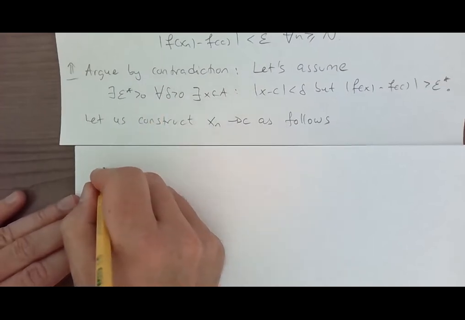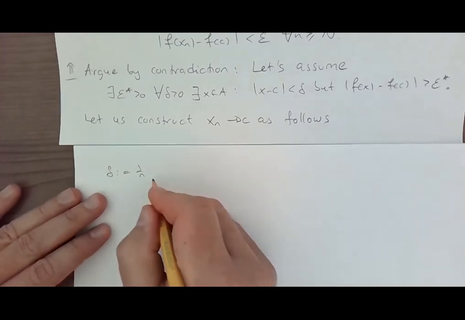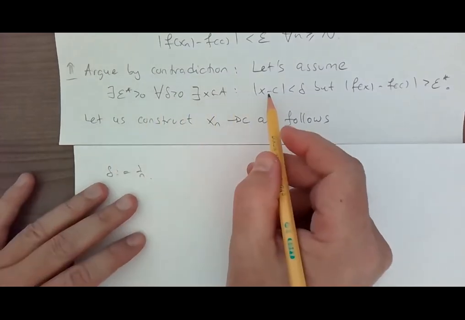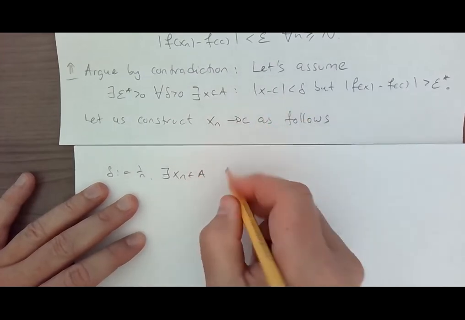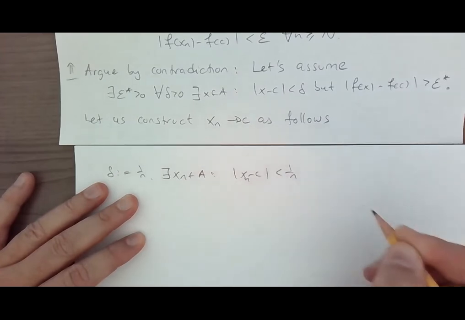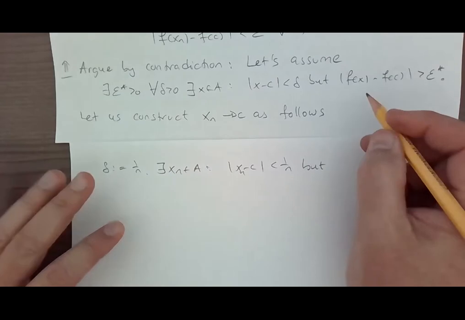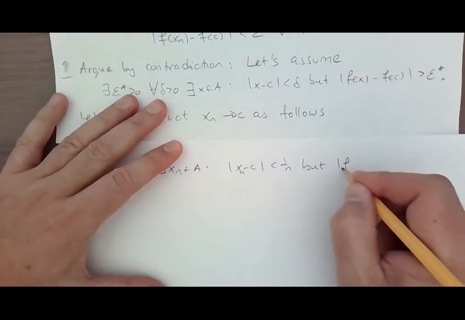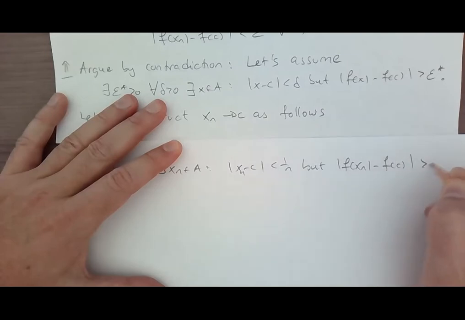So I'm going to use delta to be 1 over n. Then what do we say here? Then I can find these xn's such that xn minus C is bounded by 1 over n in distance. But when I look over here, the absolute value of f of xn minus f of C is still big.